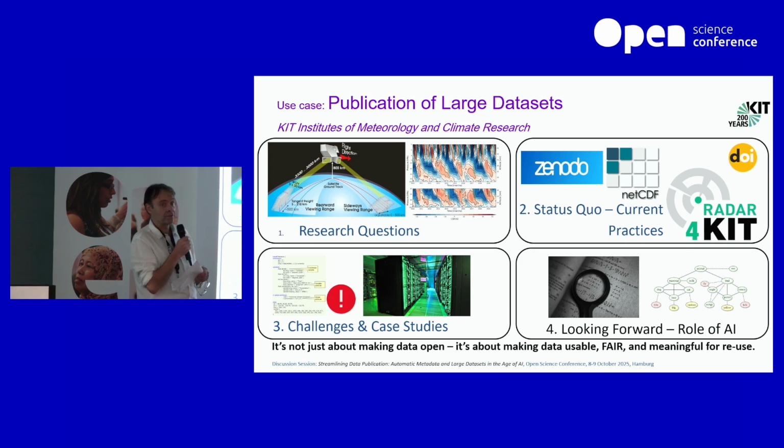NetCDF is the standard format in climate sciences or earth sciences, where you have self-describing metadata. It's a self-describing set, so the metadata is already in the file, and all the variables are defined in a standardized way. But the researcher has to make sure that they use the right names.